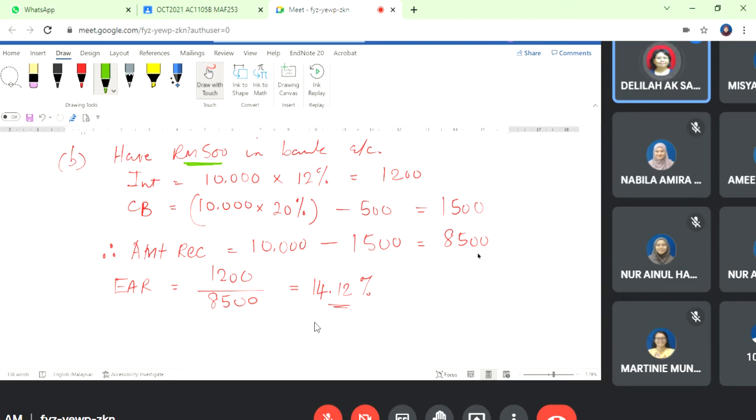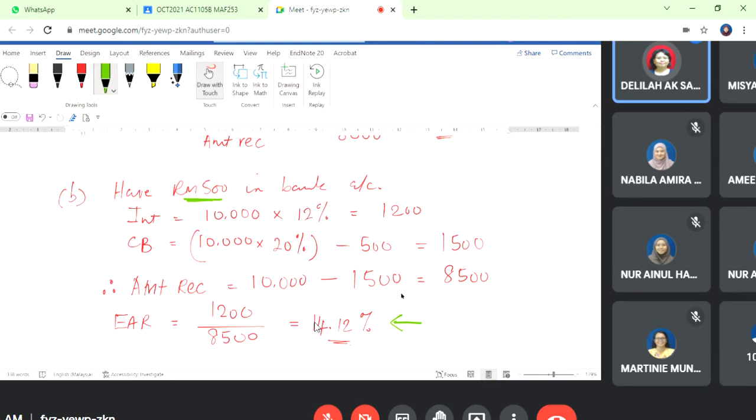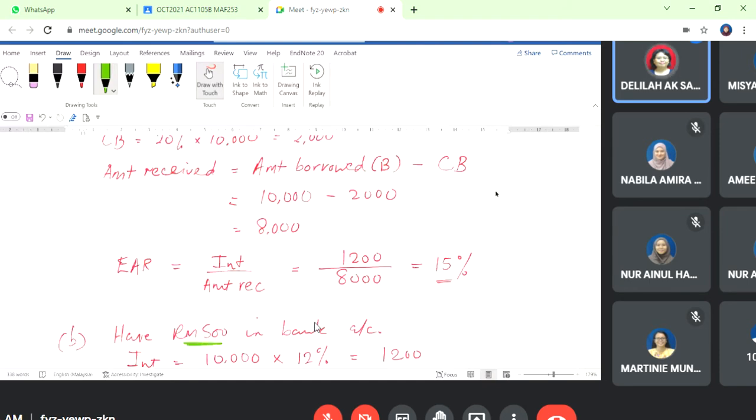The amount received is higher, and the interest rate is the same, so you will find that the effective cost of borrowing is slightly lower than up here.